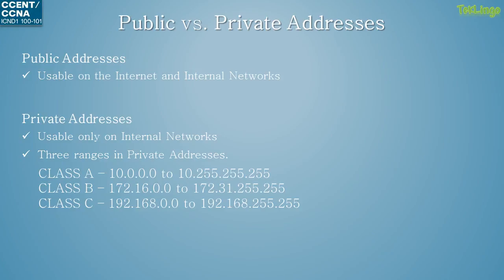Finally, we have Class C, and its IP range starts from 192.168.0.0 to 192.168.255.255.